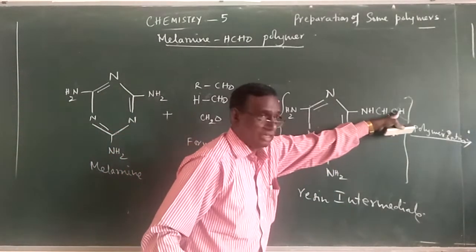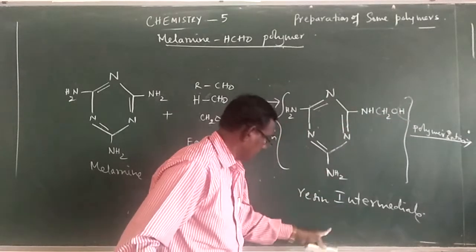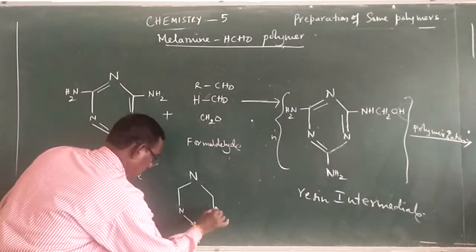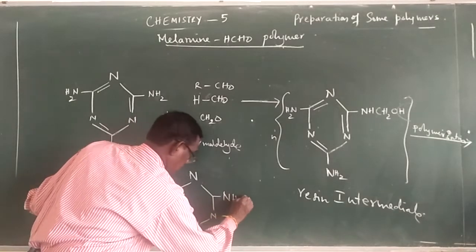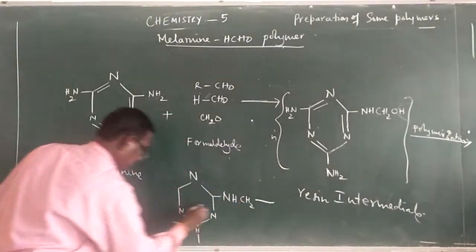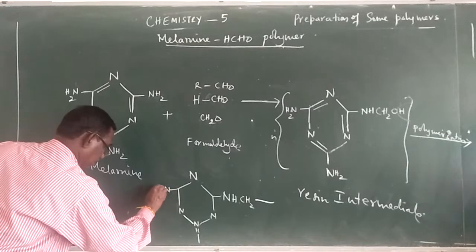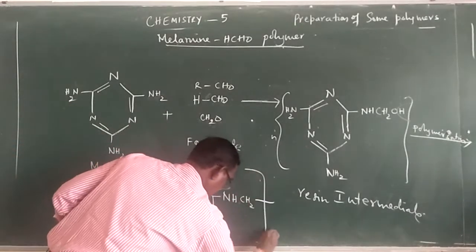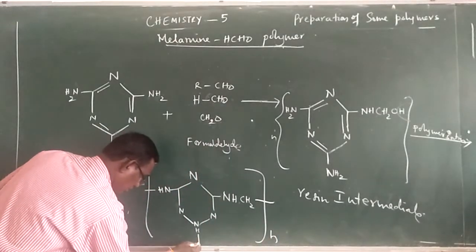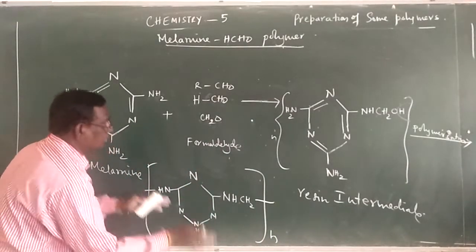The CH2OH group is here also, and this is NH, CH2 with a dash, and this is NH with a dash, repeated n times, and it continues.